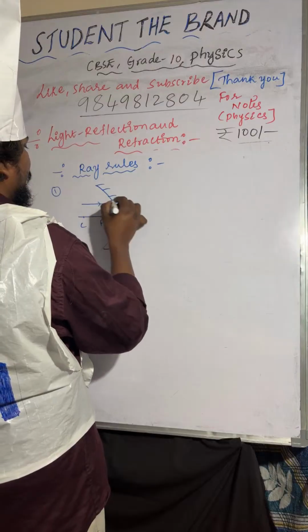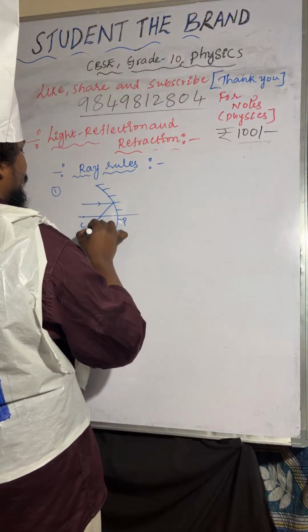First rule: a light ray coming from infinity passes through the focus after reflection.